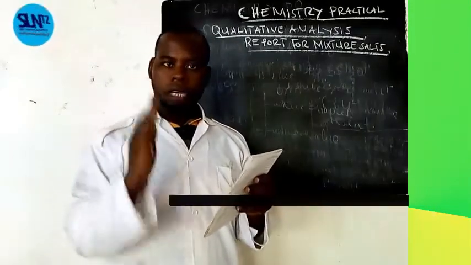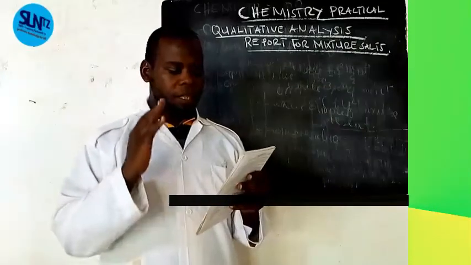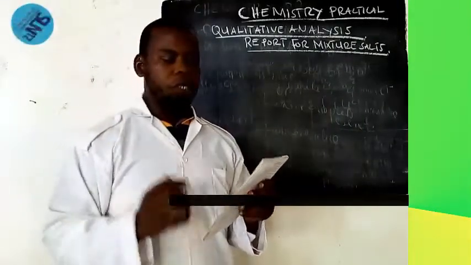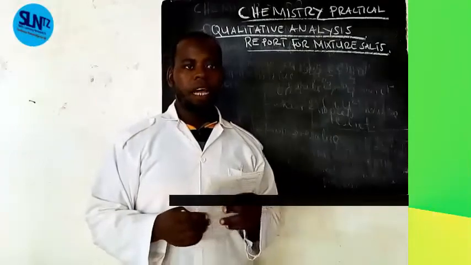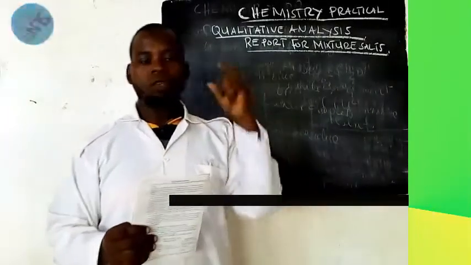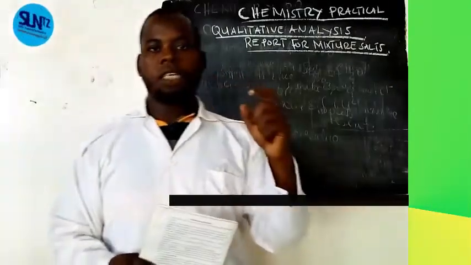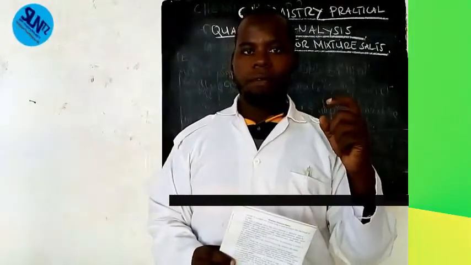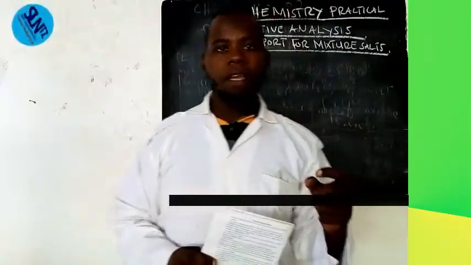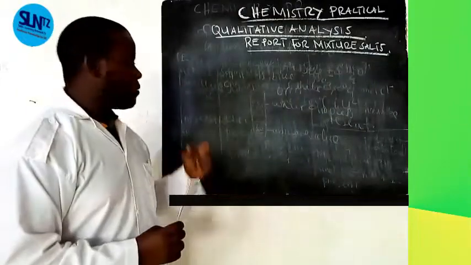Then this sample is pink, and the sample is also orange. And as I said previously, we have 2 textures: crystalline form and powder form.